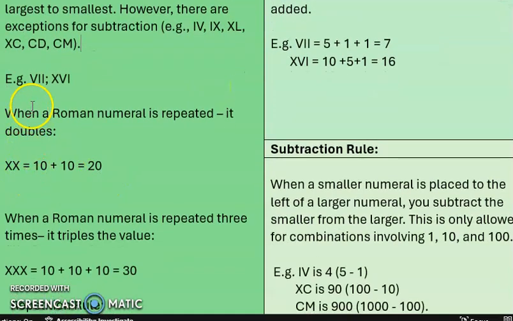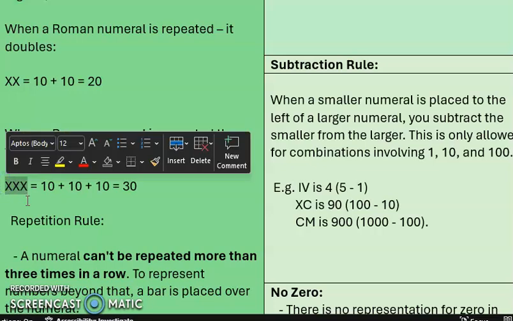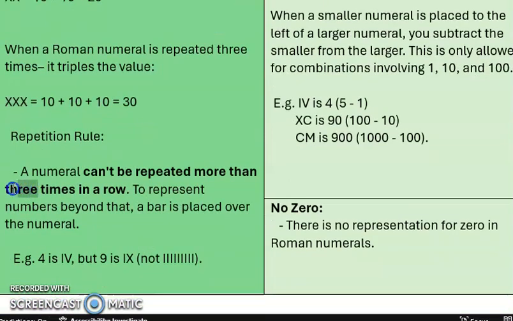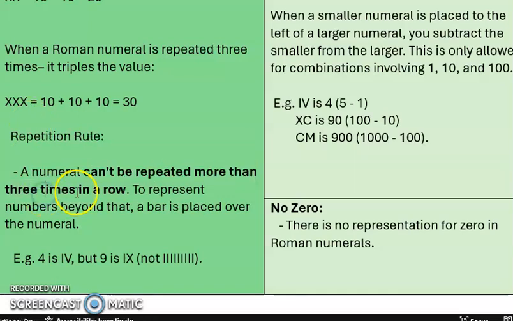So whenever we have repeated Roman numerals, X and X, it means you're adding 10 plus 10 to give you 20. The maximum we repeat a number is 3 times. So we do not normally repeat. You will never see 4 X's or 4 C's or 4 L's. No. Okay? You'll see a maximum of 3 in a repeated order.